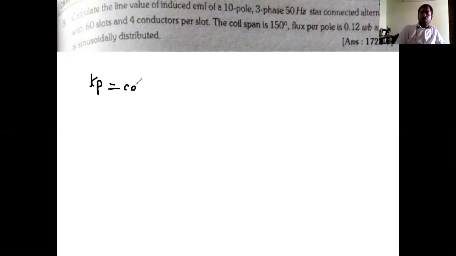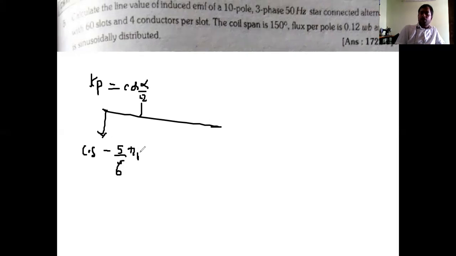For Kp, which is cos alpha by 2, there are various ways of asking. One way is a coil span of 5 by 6th of full pitch. The second case is 9 slots are available, but short pitched by 1 slot.